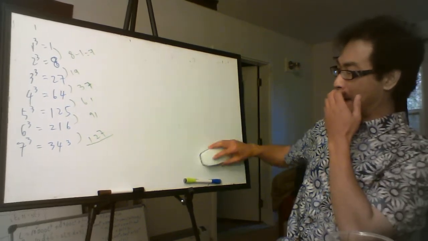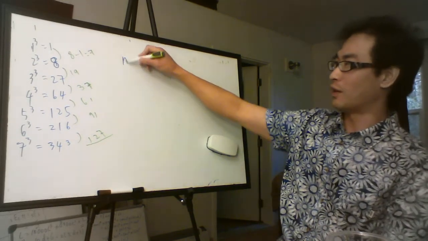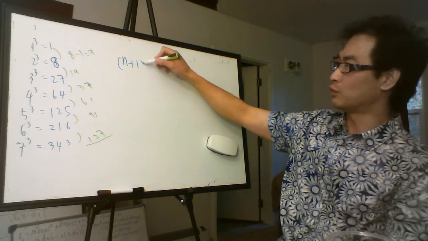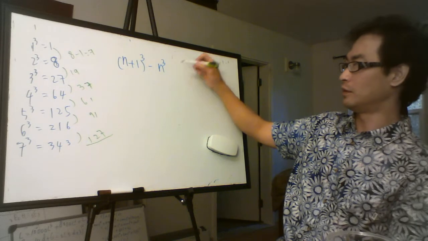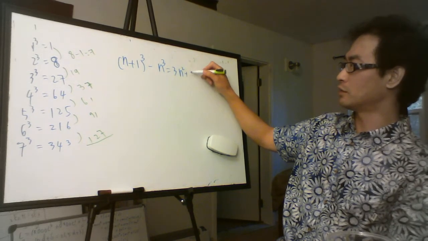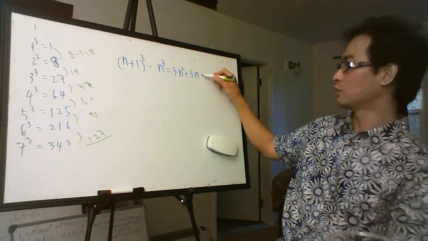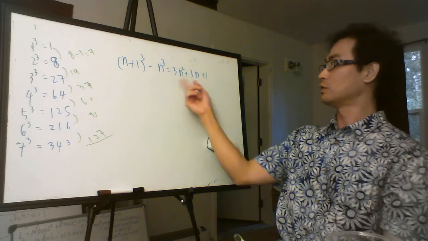Okay. So what? It's very easy, right? (n+1) cube minus n cube is what? 3n squared plus 3n plus 1. Is this always a prime number? Let's look this up, okay?